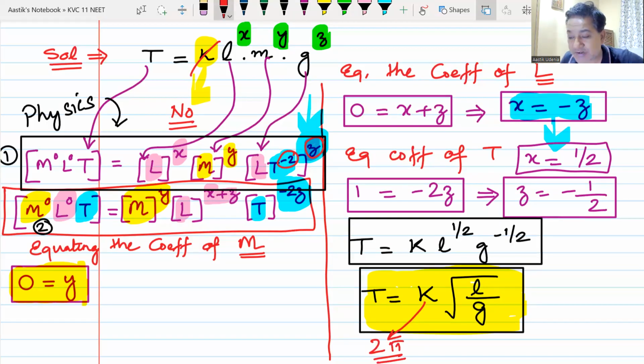So the actual formula is: time period of a pendulum is 2 pi root over L by G. By dimensional analysis, we can find out it is root over L by G. We cannot get the value of this k, and that is one drawback or demerit of dimensional analysis. You cannot get the value of a dimensionless constant, but you can get a relation.